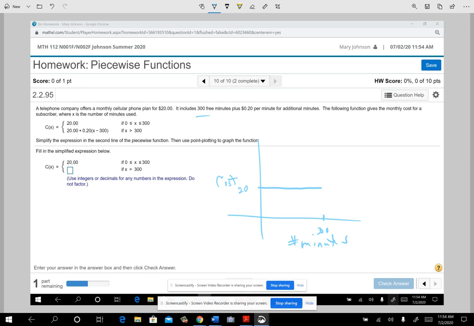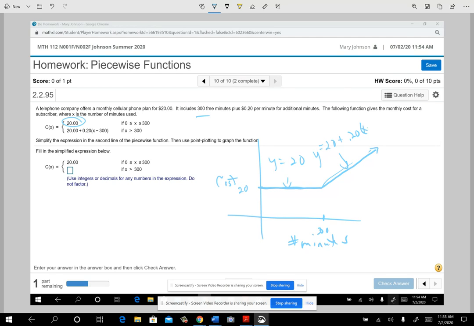But once you go past 300 minutes, 301, 302, then you're going to be adding 20 cents for every additional minute. So your graph looks something like this, as two different pieces. This piece is the y equals 20. So that's this rule.